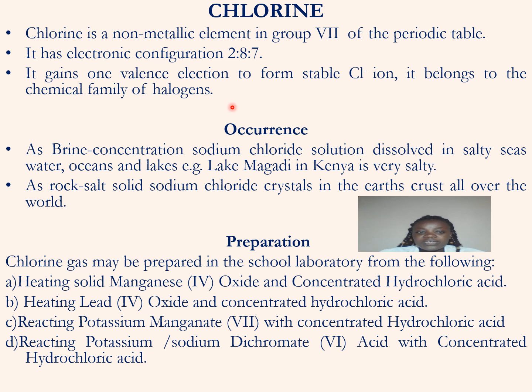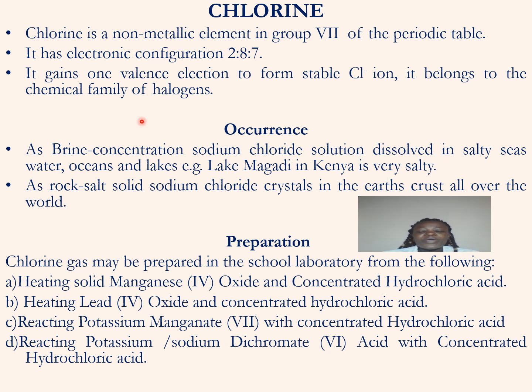So chlorine forms an anion, that is a negatively charged ion. Then it belongs to group 7, the halogens. So the family name that chlorine belongs to is the halogens.